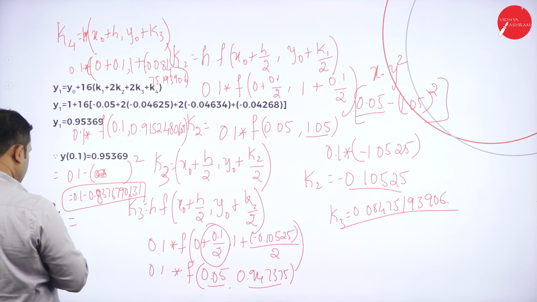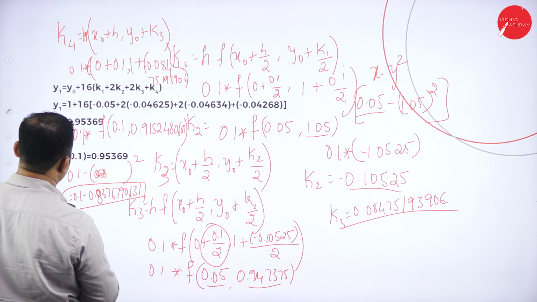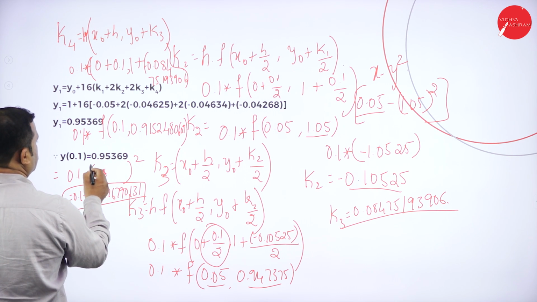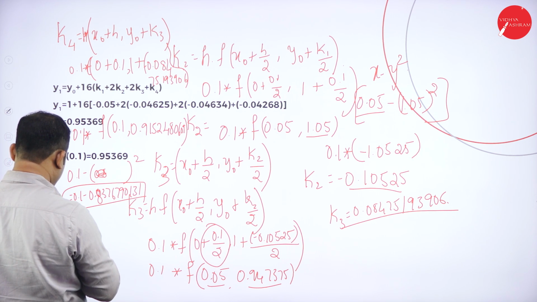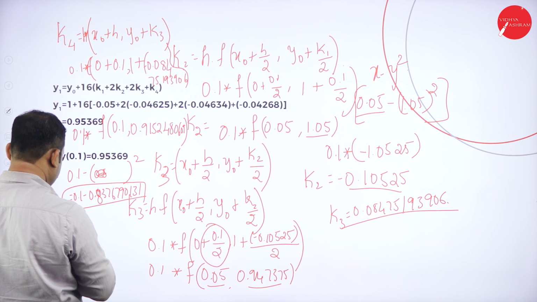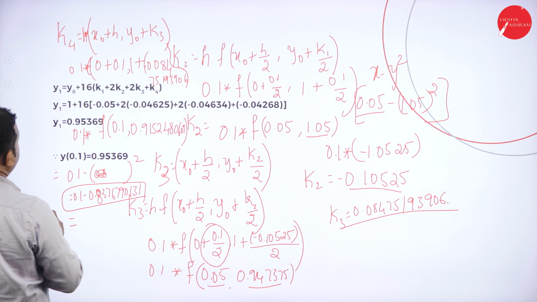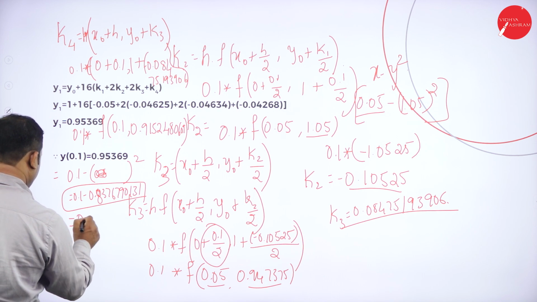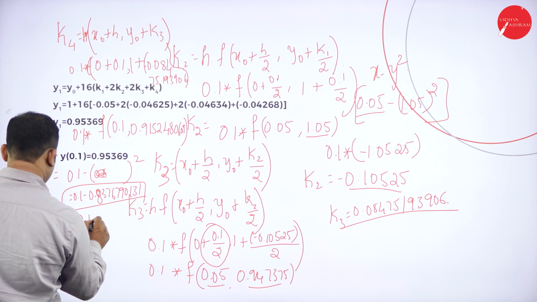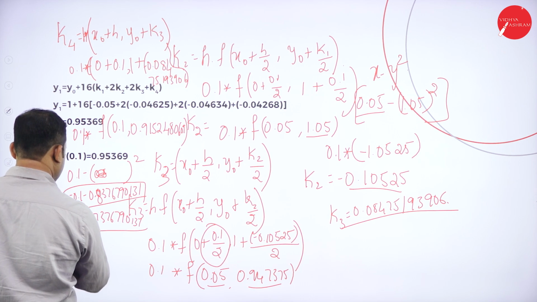If I further simplify this, what happens? 0.1 minus, yes, it is minus, I'll get 0.8376790131, which is equal to minus 0.73 into 0.1. What is the final value I'm getting? I'm getting the final value equal to minus 0.07376790131. That is the final value.